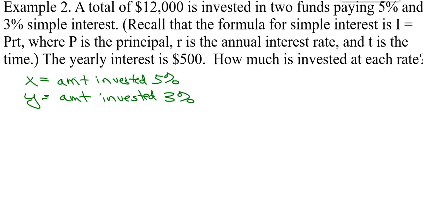So ignore the I equals PRT a minute, okay? And let me just ask you this question. If X is the amount invested at 5% and Y is the amount invested at 3%, those are the amounts that you're putting in at the very beginning, correct? And what is the total amount that you are investing? $12,000.